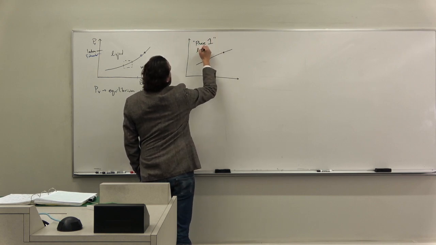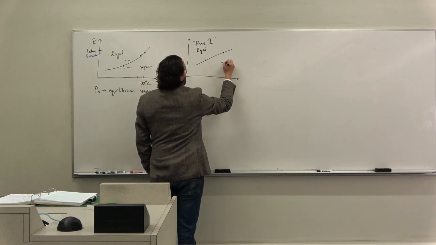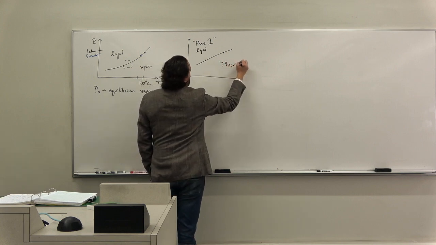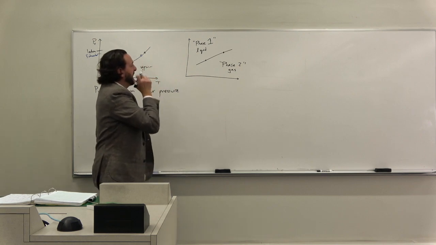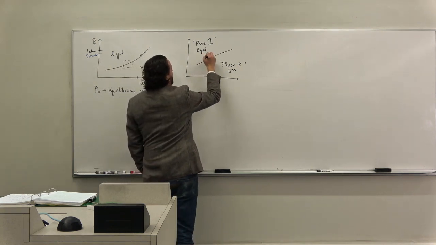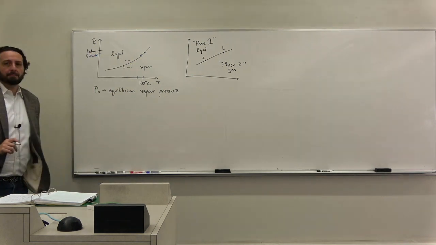This is going to be my liquid, for example, but it could be something else. And this is going to be phase 2. For example, our gas. I'm going to imagine 2 points, point A and point B on this curve.